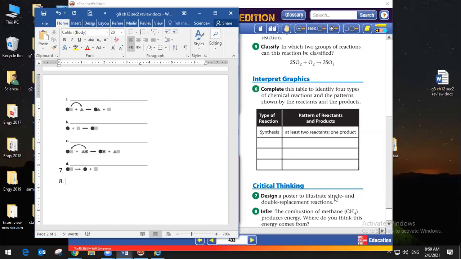Yes. So we said that due to the difference of energy in the bonds in reactants and bonds in products.